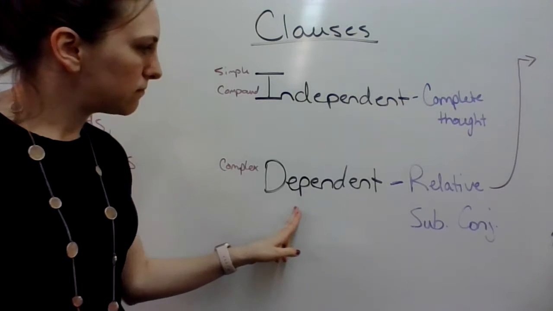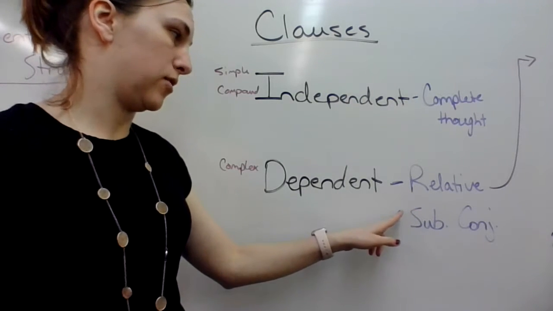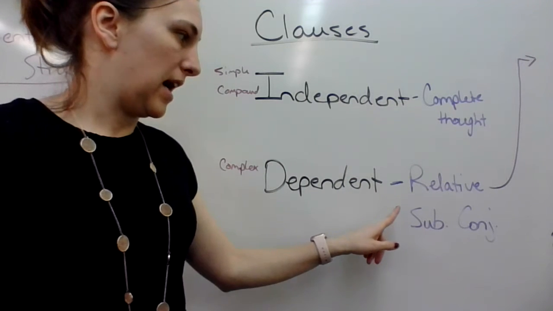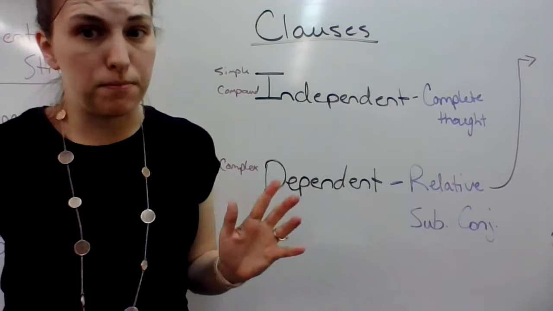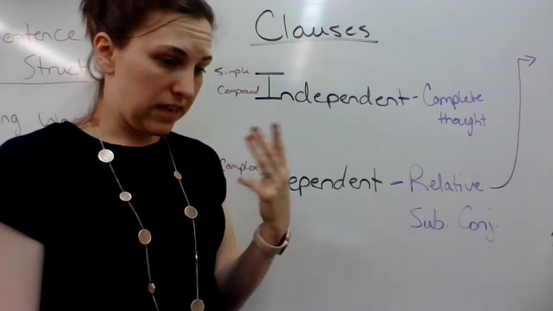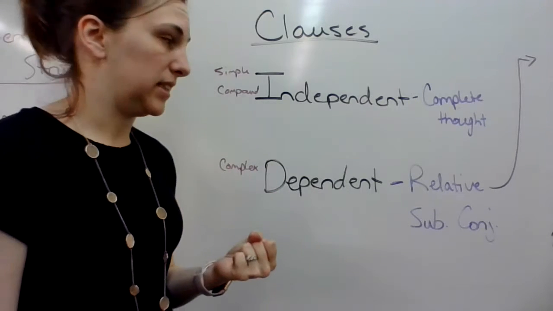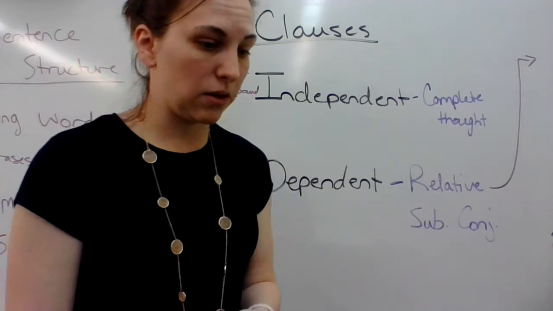To review dependent clauses, you have to make sure you understand, or at least can go find, what your relative pronouns are and your subordinating conjunctions. I know you've made note cards, or I've given them to you, and they're in the back of your book, and some examples are on the page we're working on.